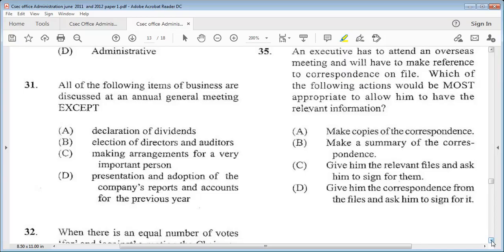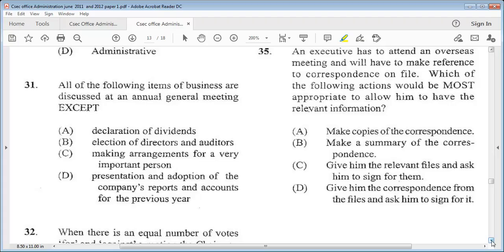All of the following items of business are discussed at an annual general meeting except A, declaration of dividends, B, election of directors and auditors, C, making arrangements for a very important person, or D, presentation and adoption of the company's reports and accounts for the previous year.